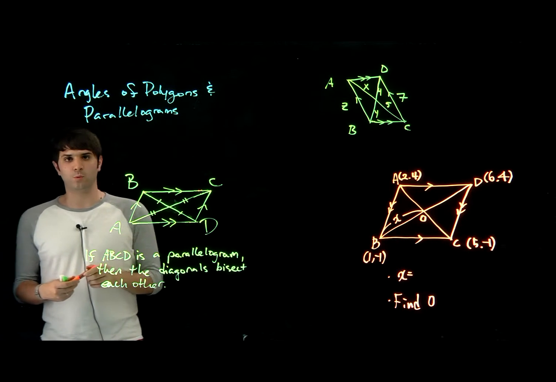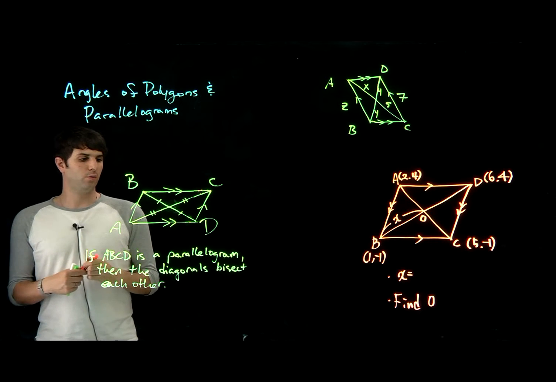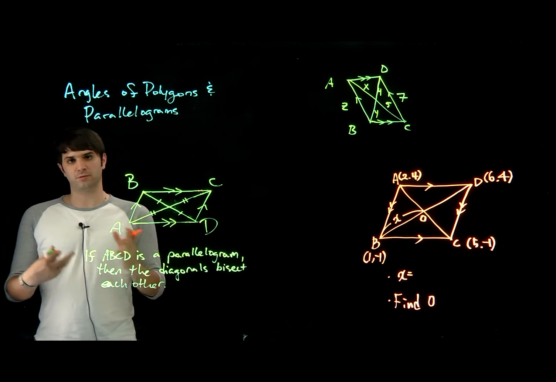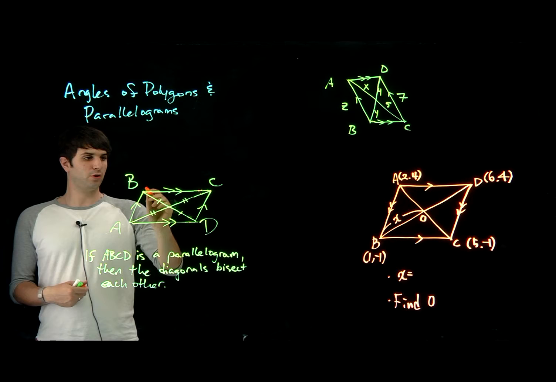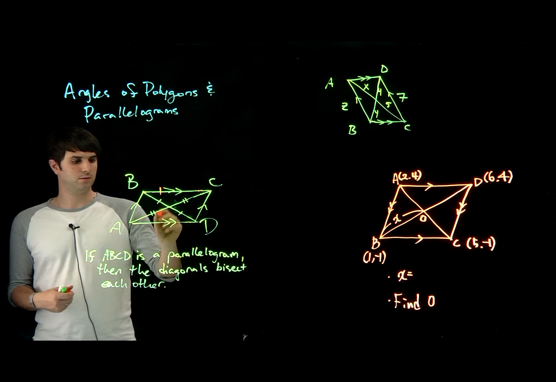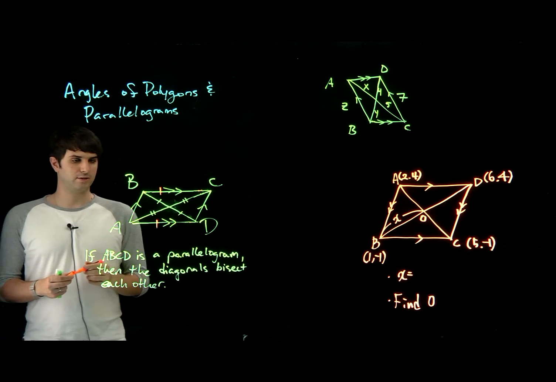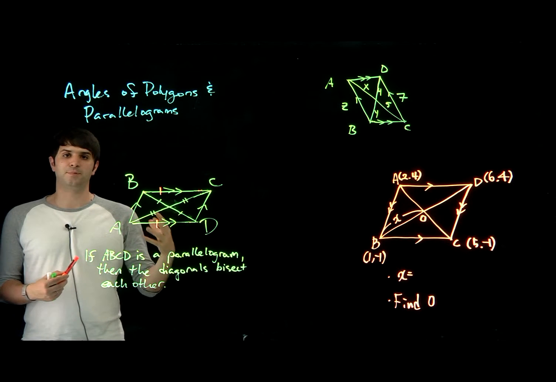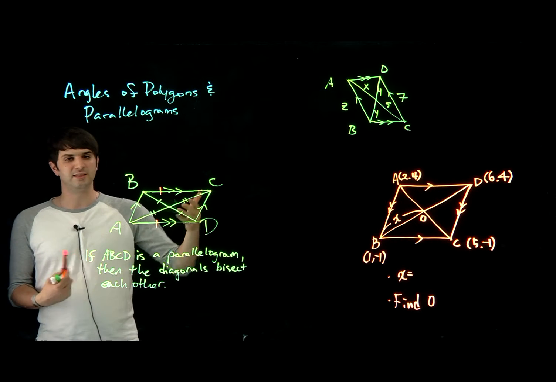And so how does that work exactly? Well, because of what we talked about in the last video, we know that BC and AD are congruent. Whenever you have a parallelogram, opposite sides are congruent. And actually, AB and CD are congruent as well.